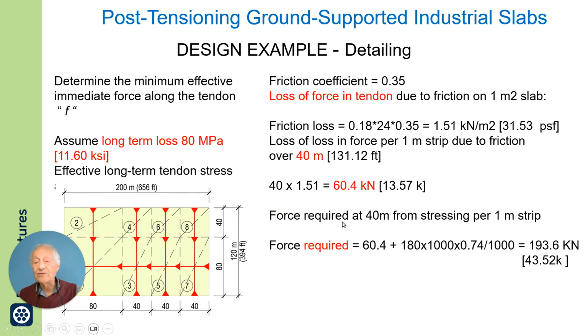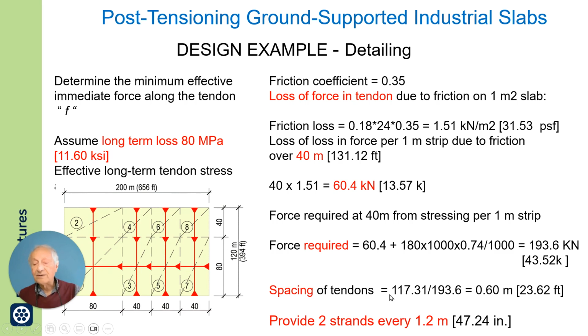So force required at the far end is this amount, which is by design, plus this amount that I lose to friction. So I add to whatever was required by design the amount that is lost by friction. So that must be the force I need to have at the stressing end.